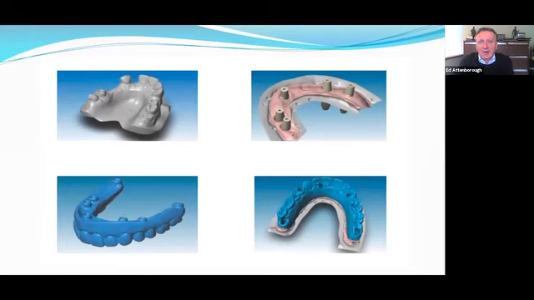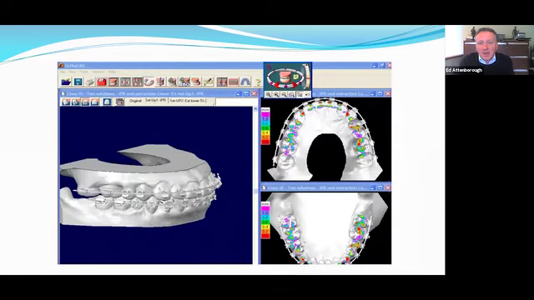So the software is extremely competent. We can do ortho, not only crown and bridge, obviously we do ortho workflows, and we can do removable, we can do aligners, we can do fixed bracket work in CAD. All of these things are possible either chairside or in the lab.